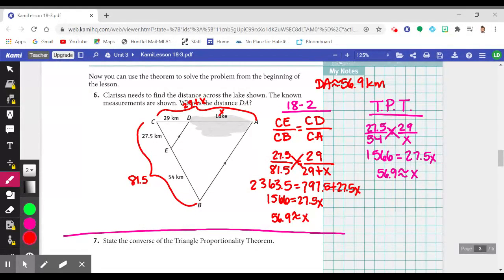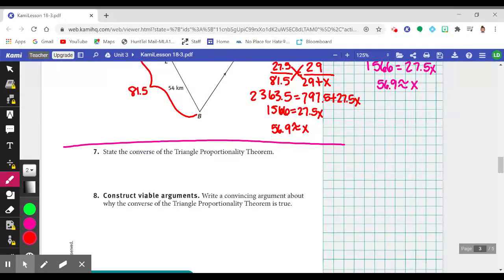Because ED is parallel to BA, CE corresponds to EB, and CD corresponds to DA. So that's the work that was done over here. CE being 27.5 corresponded to EB, 54, and CD, which was 29, corresponded to our missing measure DA, which is x. And we found again the distance, 56.9 kilometers.